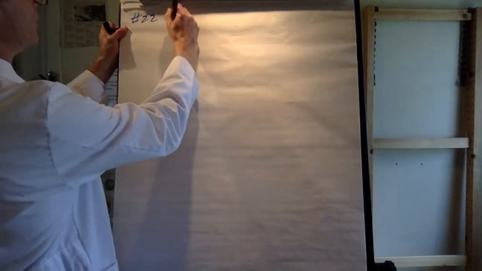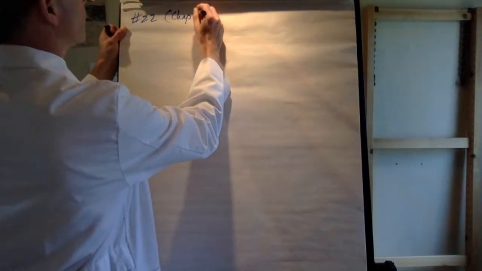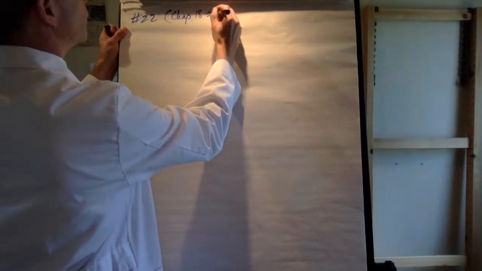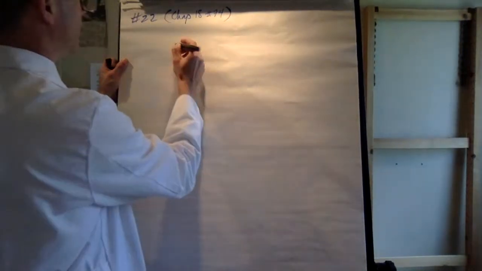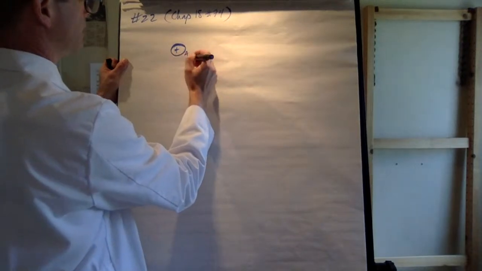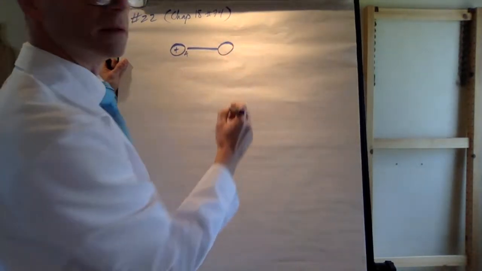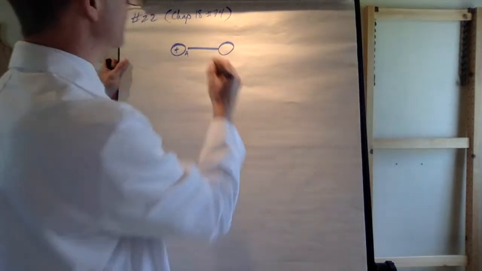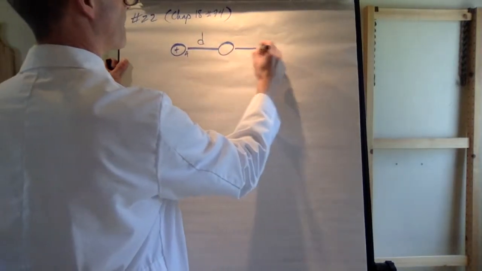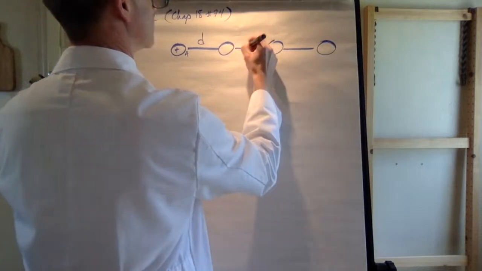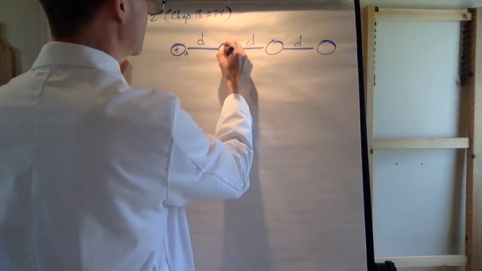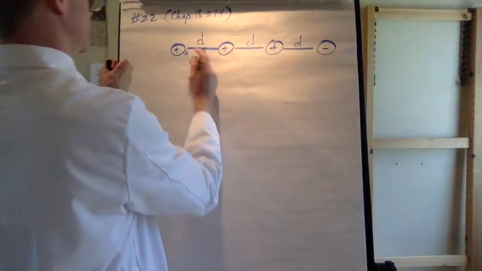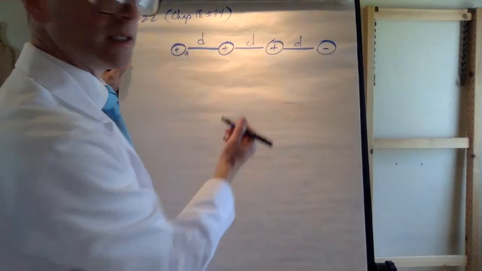Here's your web assignment number 2. This is chapter 18, number 74 in your book. All right, so we have a line of charges. We have A, B, C, D, all separated by D. These are all positive, positive, positive, and the last one's negative.